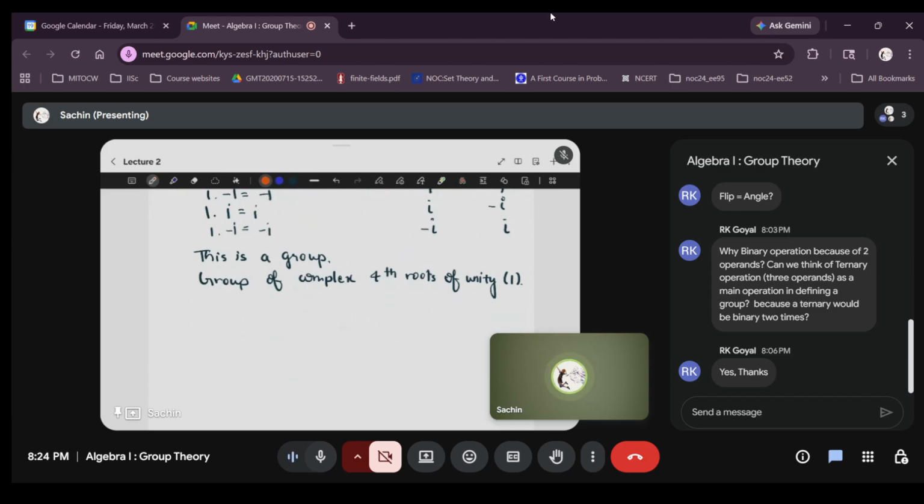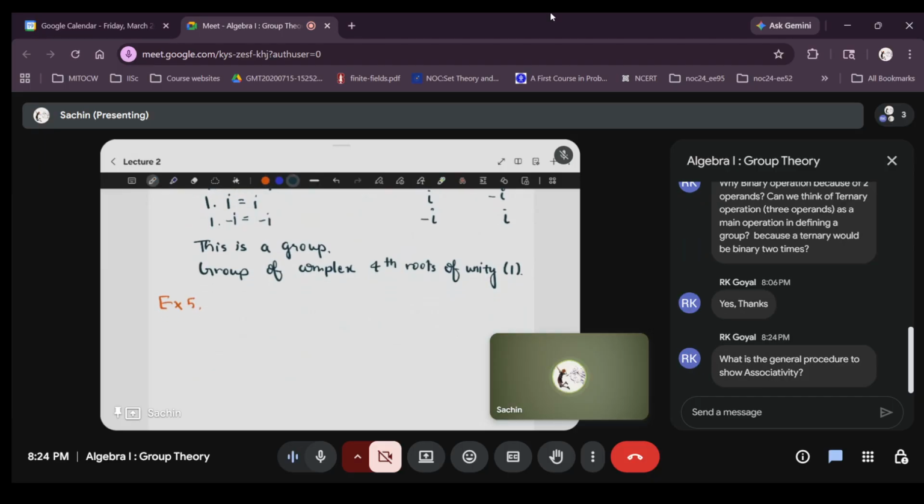Next, we'll see, so consider the set. The general procedure to show associativity: a lot of the times we'll just assume that it is true in most of the examples that we'll see here. But you just have to show the property.